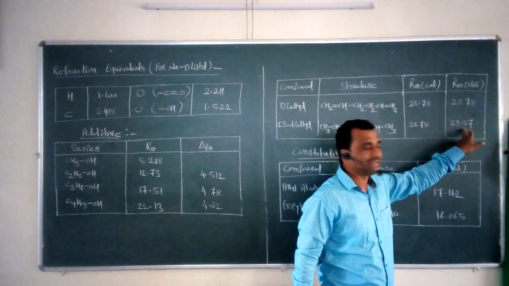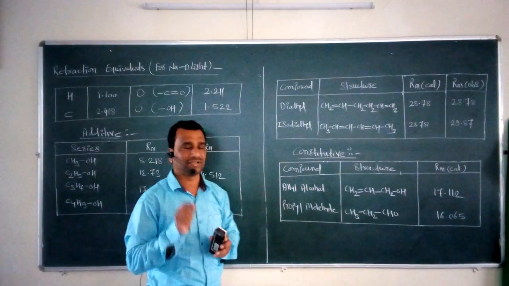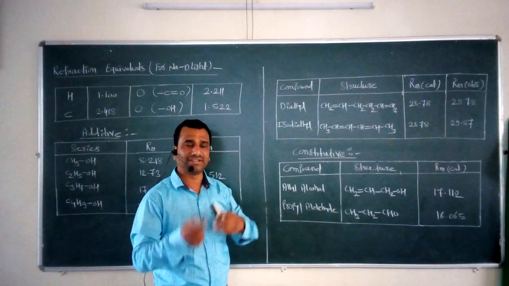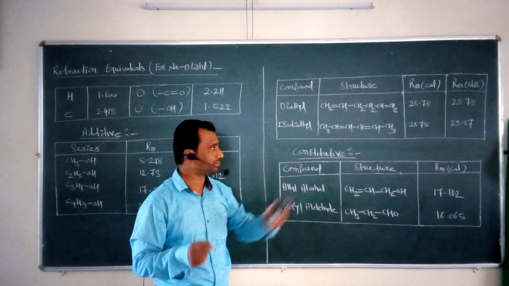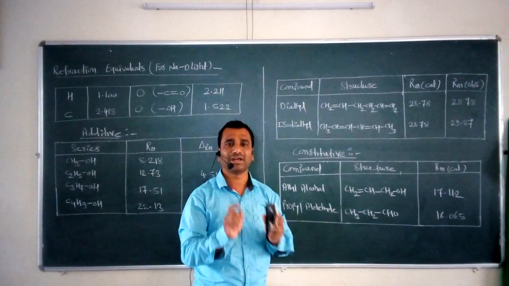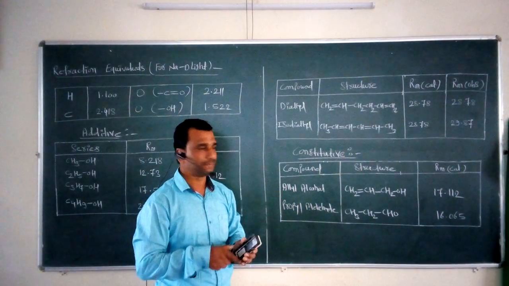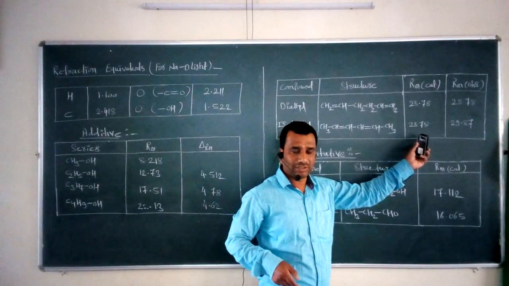So two different values are obtained for isodiallyl. Why is this so? This is due to the presence of conjugation in the structure. So whenever conjugation is present in given isomeric compounds, no doubt their calculated values are equal, but their experimental or observed values get altered.